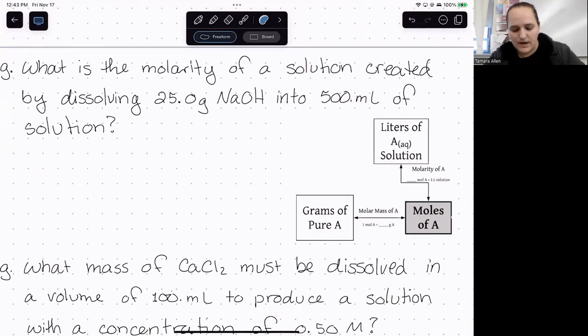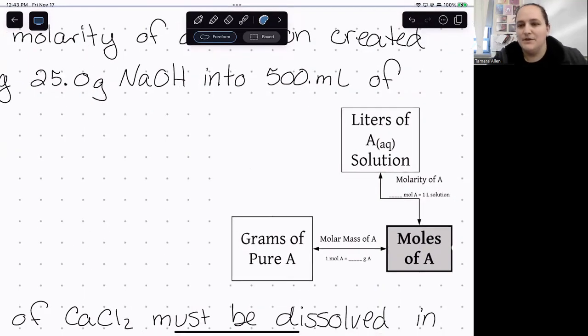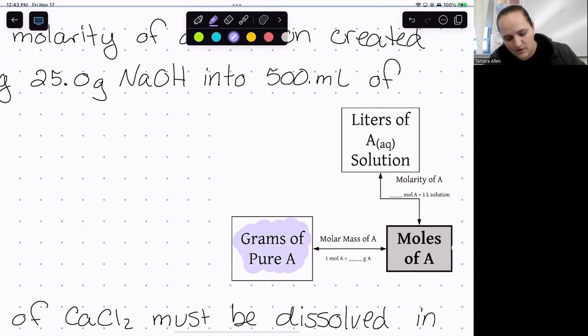So right now, we are kind of up in this corner. So this is like the top left corner if you're looking at the whole page. What we currently know, we know the grams of our substance. So we are told that we have 25 grams of sodium hydroxide.